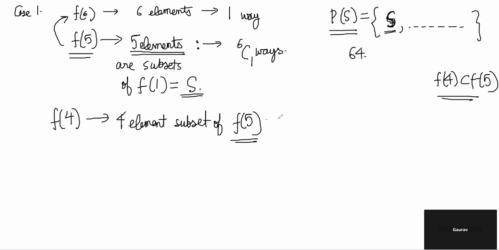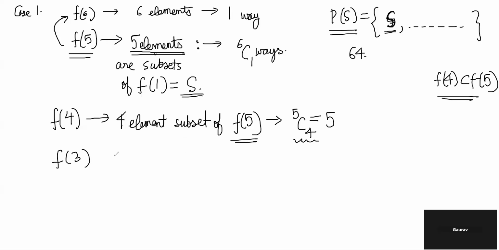So how many ways can we do that? 5C1, or 5C4, the same thing. Out of those 5 from here, you select 4, right? Which is 5 only.